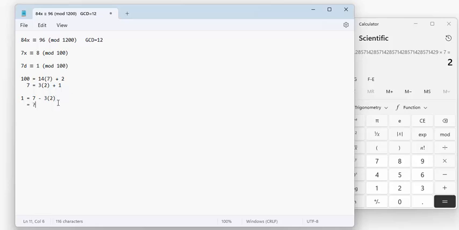But we need a number that, when multiplied with 7, we still get a 1 if we subtract 3 multiplied by 100.